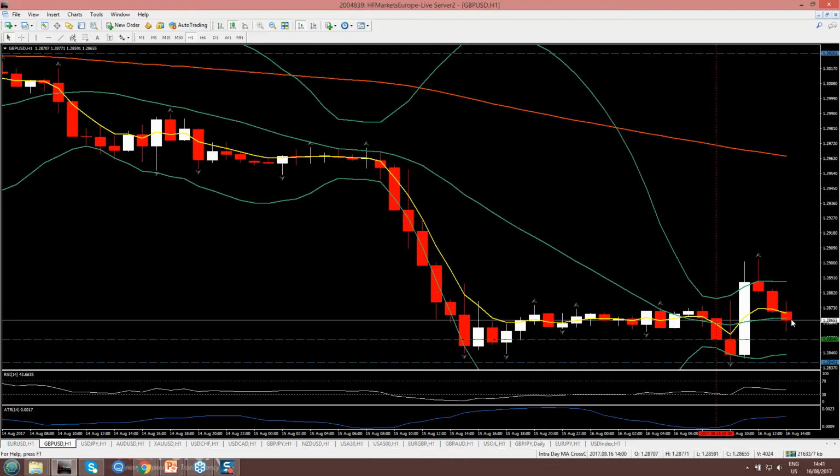So again, the hour, we'll come back at the end of the hour, see where the cable's finished, but it's still looking relatively positive to me, even if it closes under the 20 period here, because now we've sort of gone sideways. Again, remember the moving averages aren't great indicators, so we might want to look more at the oscillators. What are the oscillators doing?